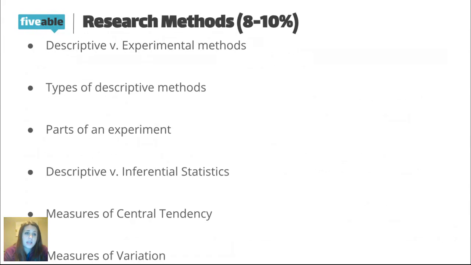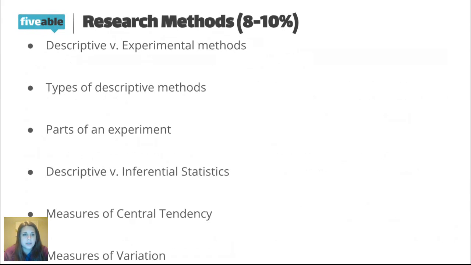And then the next part is about how we analyze the data that we get from our studies. So being able to determine a descriptive versus an inferential statistic, so things like mean, median, and mode versus statistical significance. Understanding the measures of central tendency, and not just knowing what they are, but knowing when they would be useful and how I would use them.